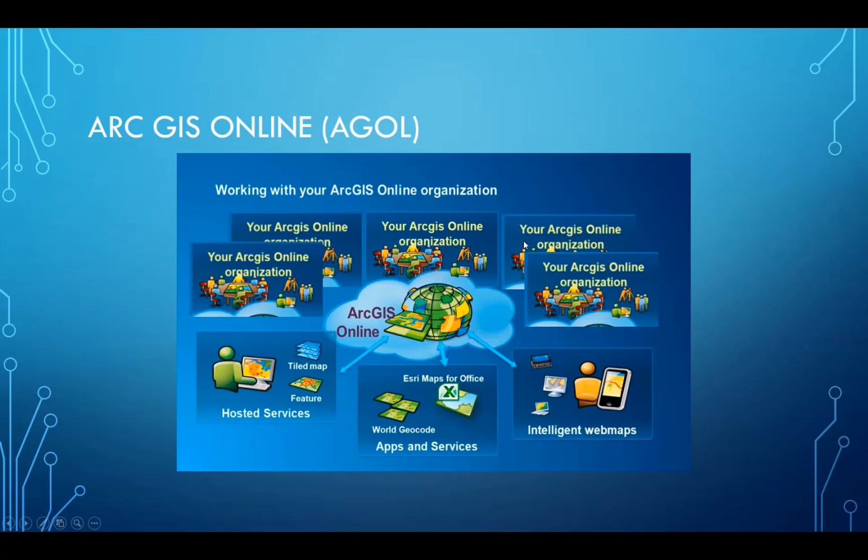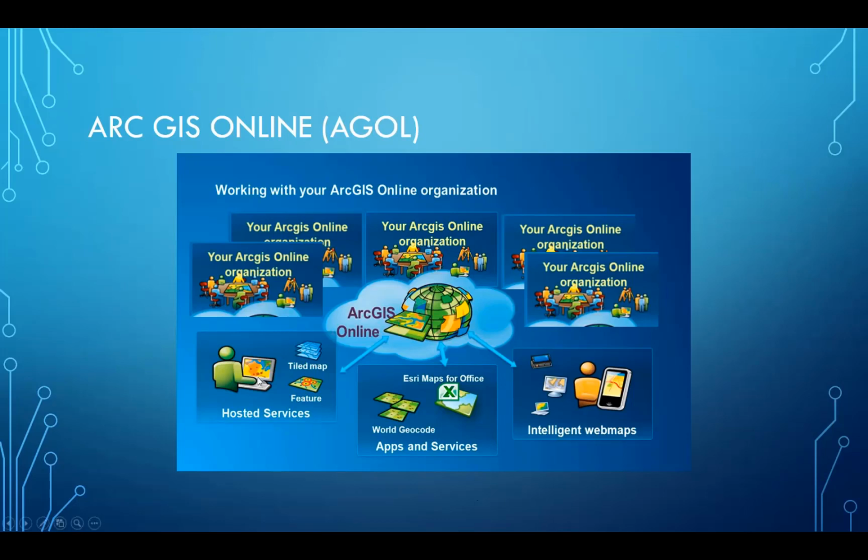So not only are they sharing data with us, but we're sharing data back to them, similarly with open data groups, and also sharing hosted services. We have yet to share apps, but you can see that there's a great deal of capability here in making sure that we're building a strong data community, leveraging these groups.